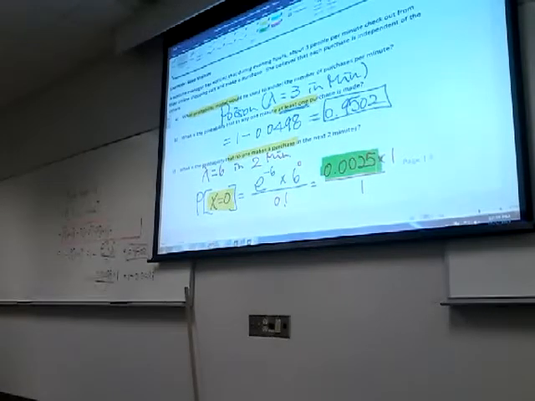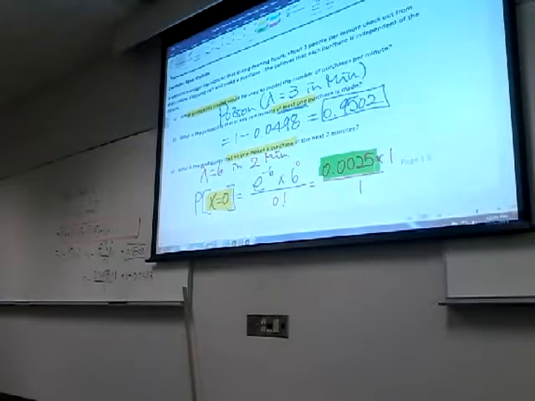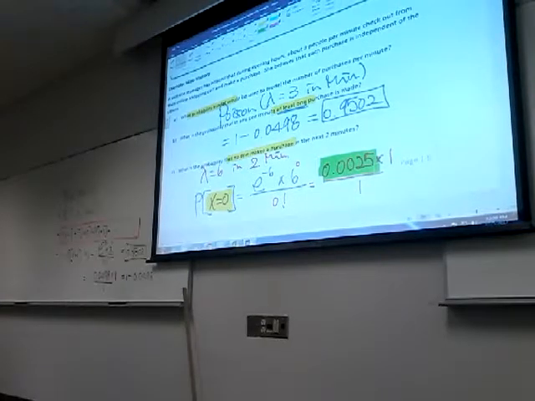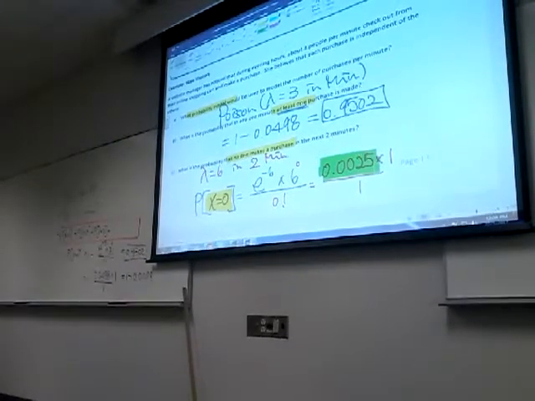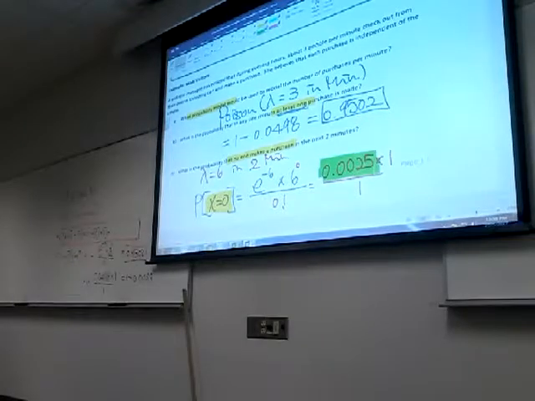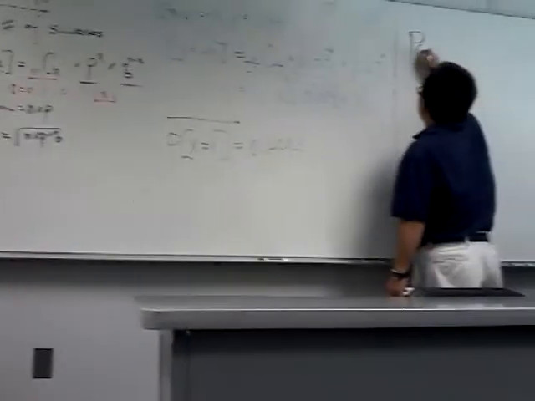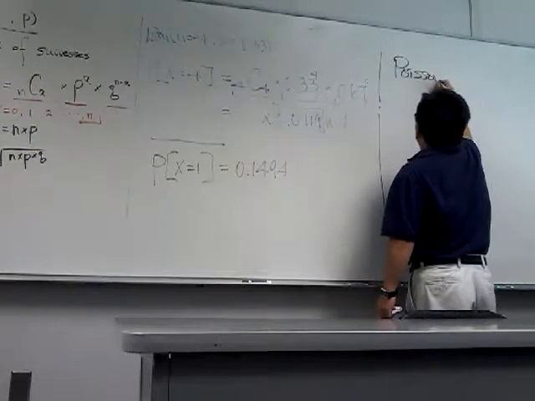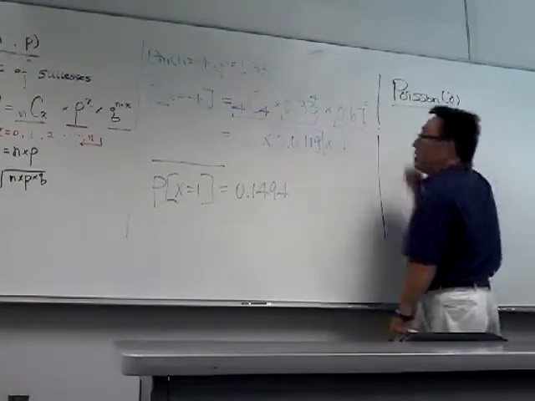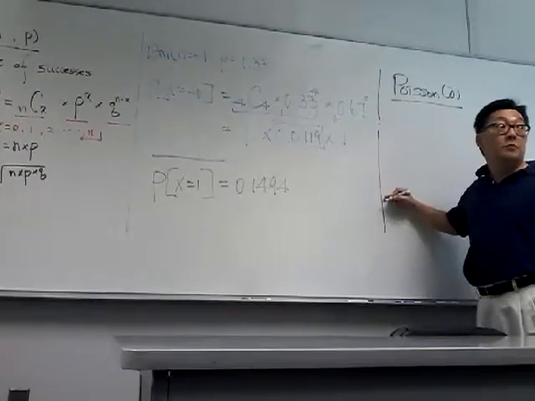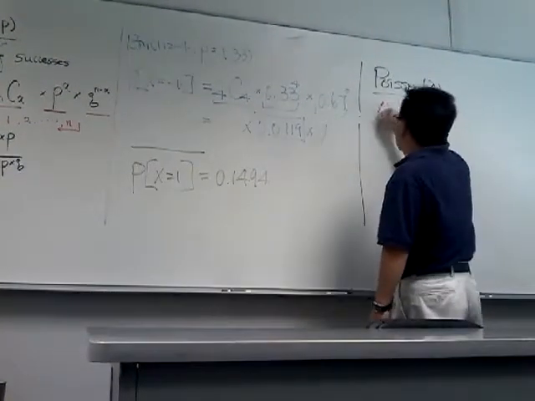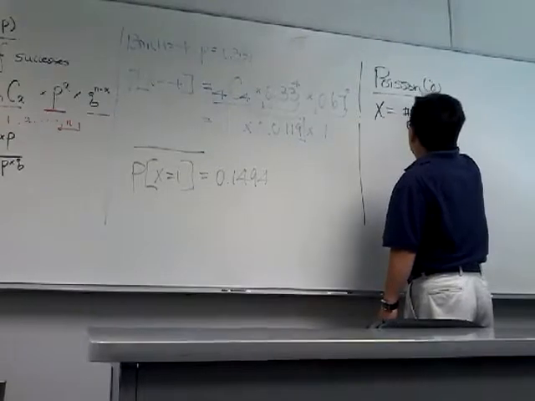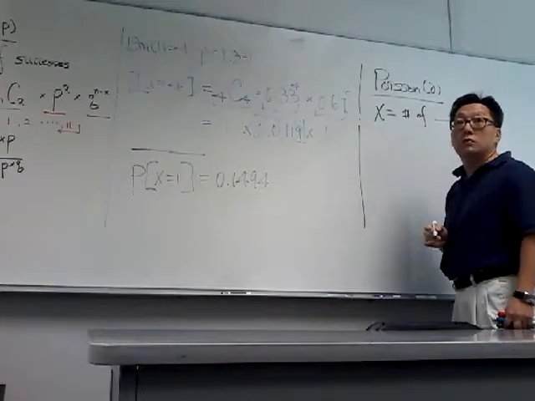So now, can you understand what is a Poisson probability model? Yeah, it's almost the same thing. Let me summarize here. It was the binomial and Poisson. We need a lambda. Lambda will be the mean and the variance later. Probability of x, x was the number of something.